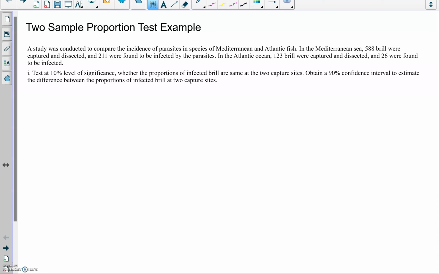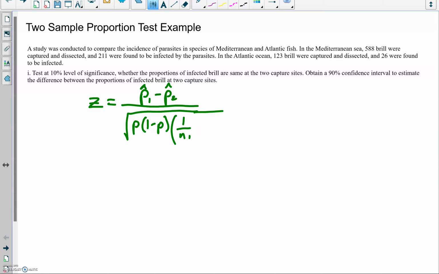We want to use for the test statistic this p1 hat minus p2 hat, all over the square root of p times 1 minus p, and then times the quantity 1 over n1 plus 1 over n2. So what are all these variables?